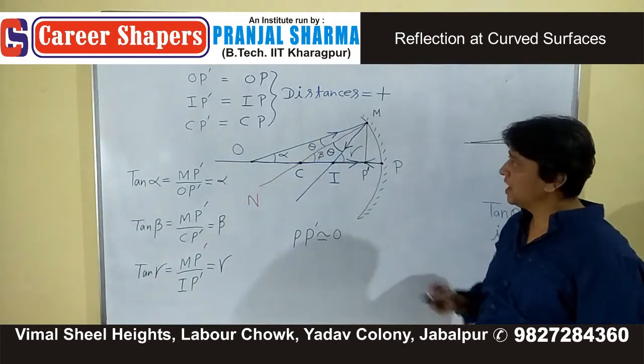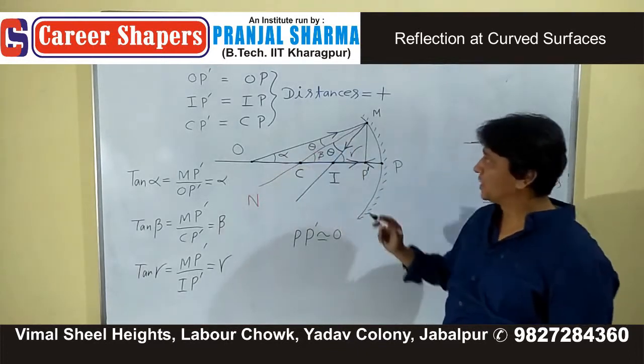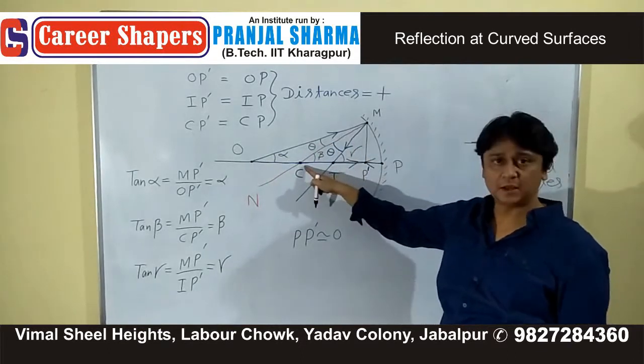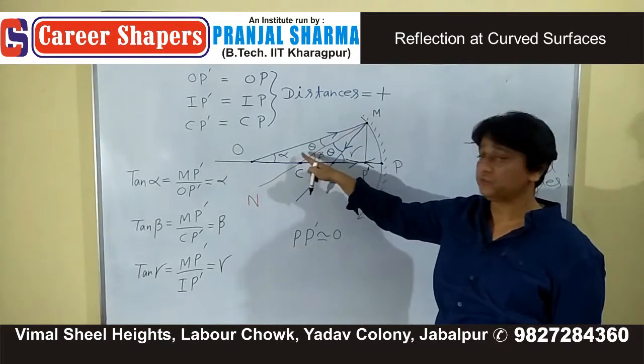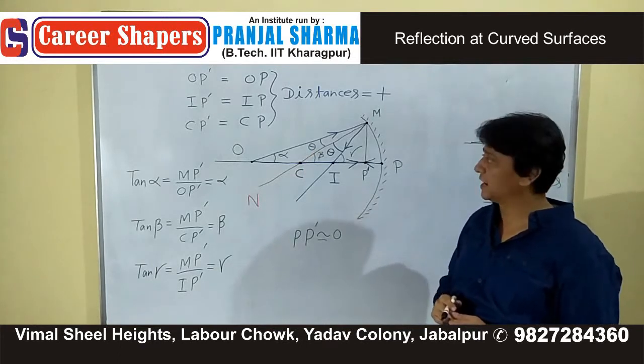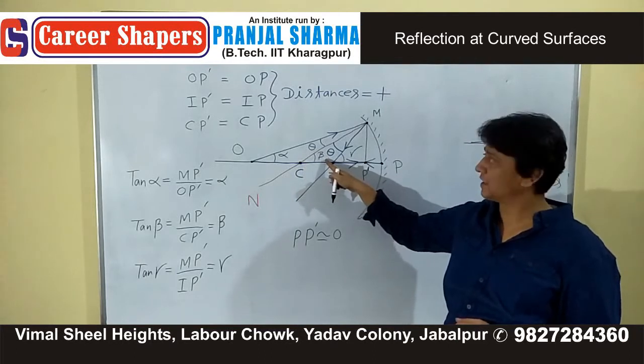Now, look at this triangle. When you look at the triangle OMC, alpha and theta are internal angles, and beta is the external angle.